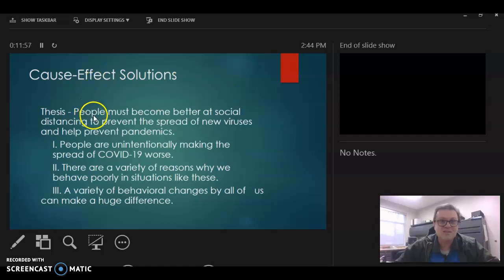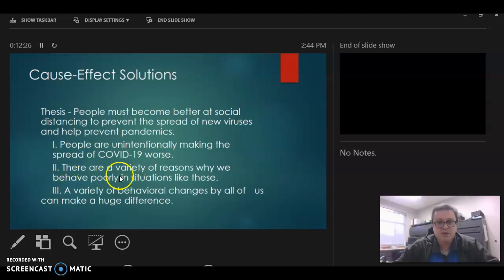So the thesis of this type of speech would be that people must become better at social distancing to prevent the spread of new viruses and help prevent pandemics. So main point one: people are unintentionally making the spread of COVID-19 worse. You know, people who are getting out of their house more than they should, going to bars and restaurants or beaches or any number of places because they don't think it's going to affect them personally, right?